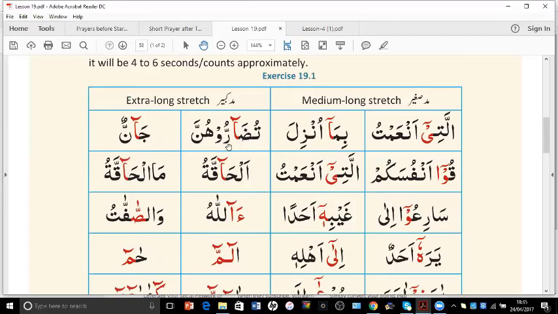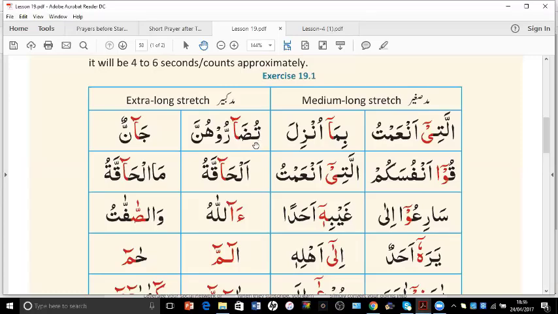So normally we would join this ra with this, and in this case, that is what we're going to do. But see this symbol here? This tells us that we can't ignore the alif in between. The alif has got to be manifested. The easiest way for me to tell you is just read it.